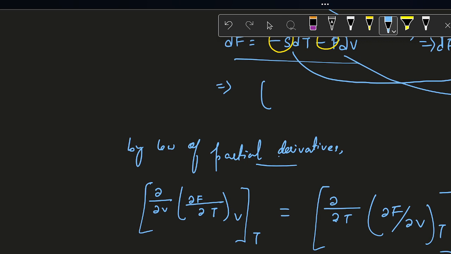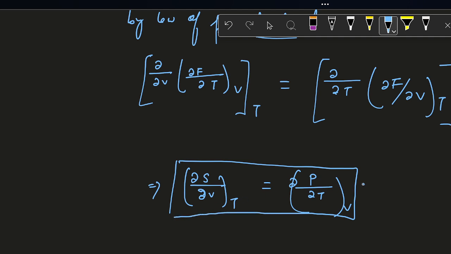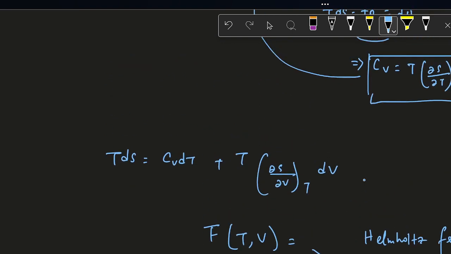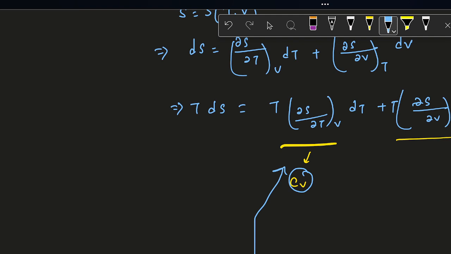Again on the right hand side, del F del V is minus P, minus is cancelling out with the left hand side's minus, so it is just del P del T at V constant. So here it becomes clear that you can also express del S del V at T constant as del P del T at V constant.